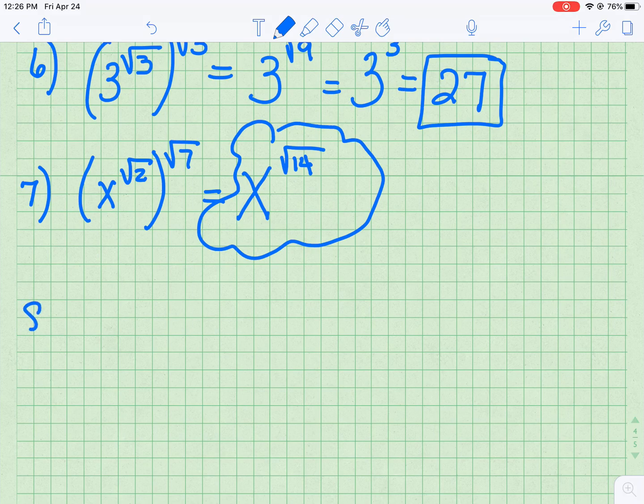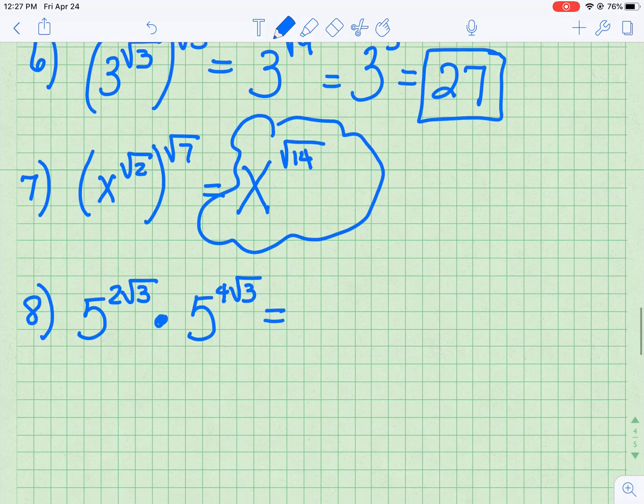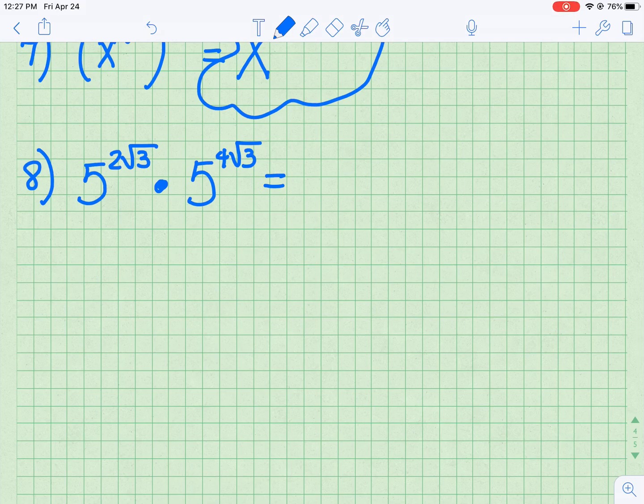Okay, 8 is 5 to the power of 2 root 3 times 5 to the power of 4 root 3. So again, this goes back to the rules of exponents. If we have like bases, which we do, then we can add exponents. So then it's really 5 to the 2 root 3 plus 4 root 3.